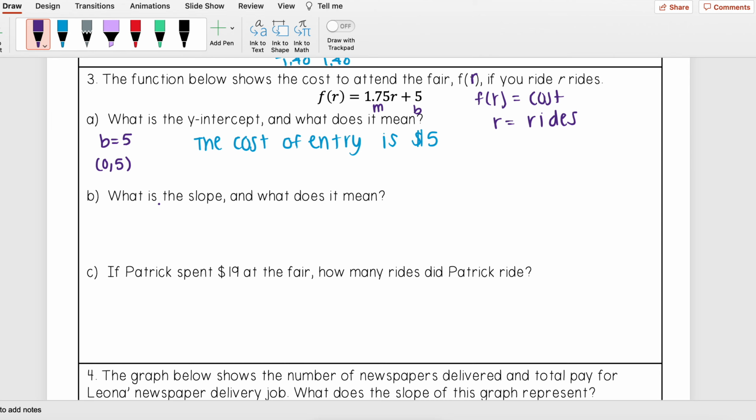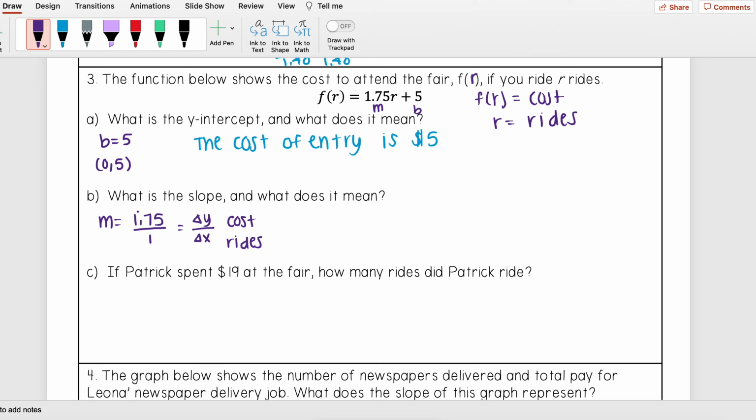Okay, next I want to figure out what is the slope and what does it mean. And so here my slope is 1.75. And again, I'm going to go ahead and put that over 1. I know this is my change in y over my change in x. So my y, or my f of r, here is the cost. My change in x, or change in r, is the rides.